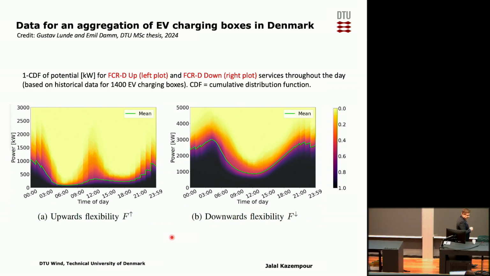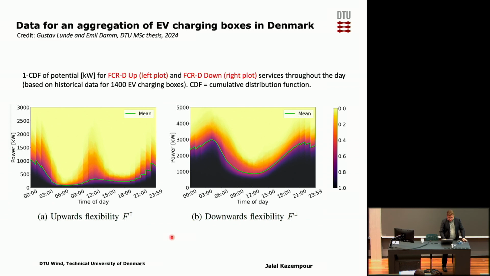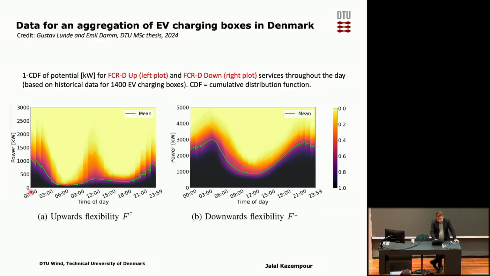Again, it's at minute level. So you see that for every minute over a day, what is the distribution of upward flexibility and downward flexibility? Upward flexibility means reduction of consumption. Downward flexibility means increasing consumption.